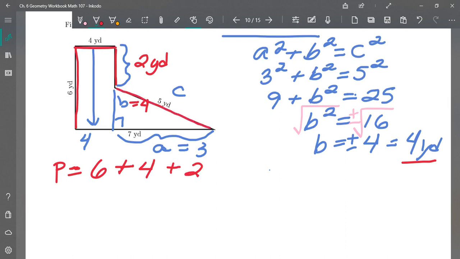On the hypotenuse of that triangle is 5. And then the entire base is 7. I'll go ahead and calculate that out, and we'll get 24 yards. Perimeter is in just linear units.